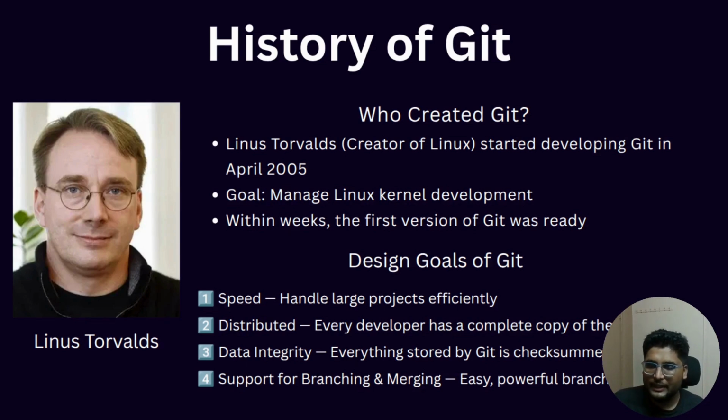So we can say Git works like a centralized repository. Third is data integrity: everything is stored in Git. Next is support for branching and merging, with a powerful branch workflow. This last one we will cover in the next video. So this is the history of Git, who created it, and its design goals.